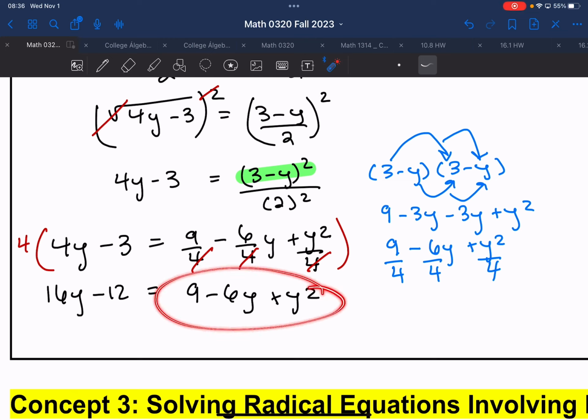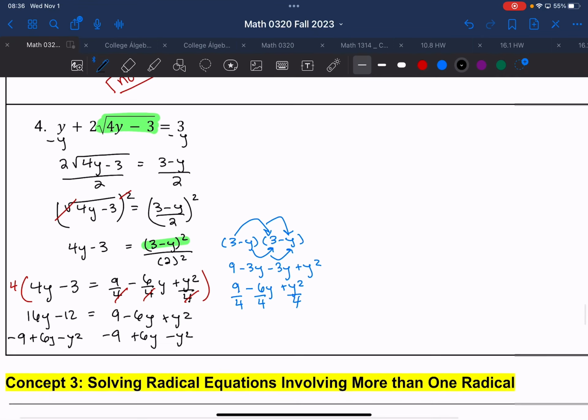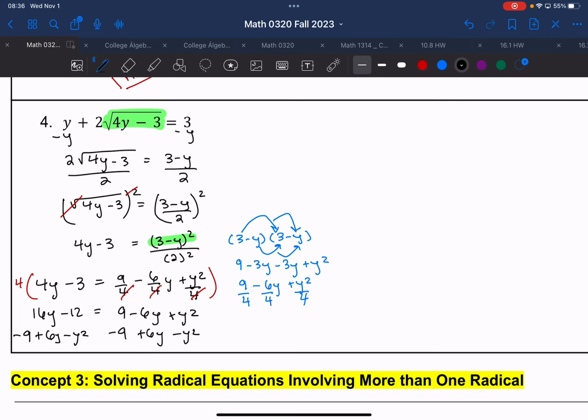We're moving everything over here, so it's going to be equal to 0. So we are now looking up here.